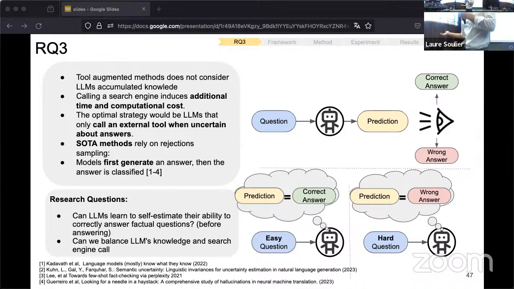Because actually in question answering, the metric is exact match. So that's a problem because, for example, if my question is what is the capital of France, I can answer Paris. I can answer, oh, it's Paris. So there's a variability in the way I can phrase my answer, and this is really difficult to evaluate.